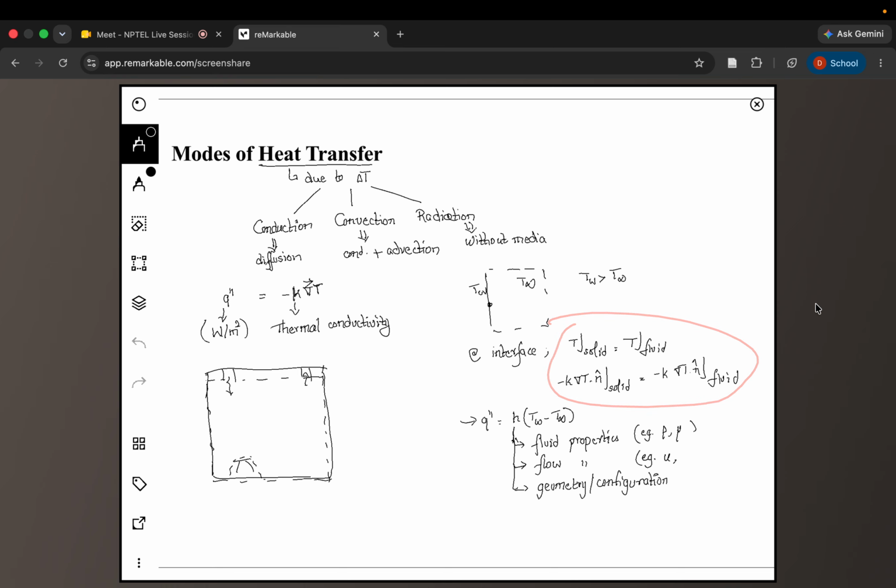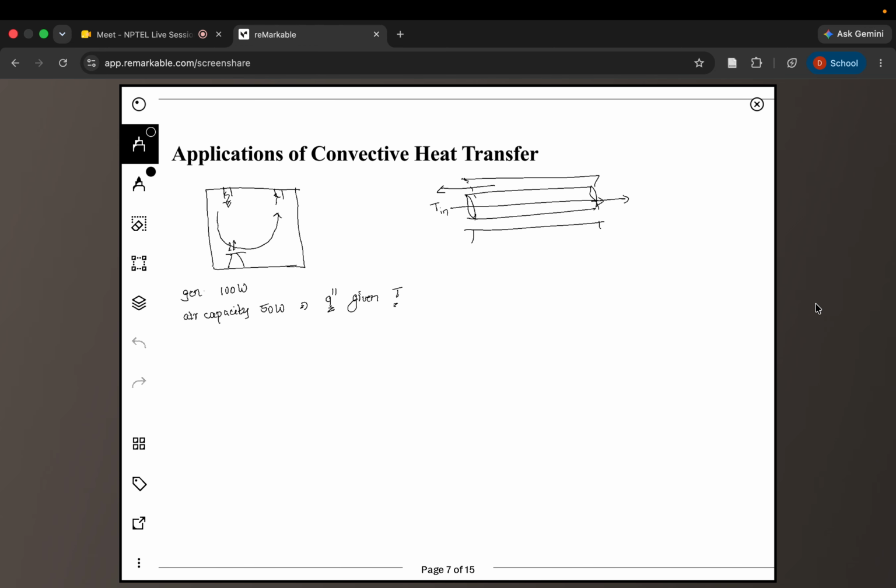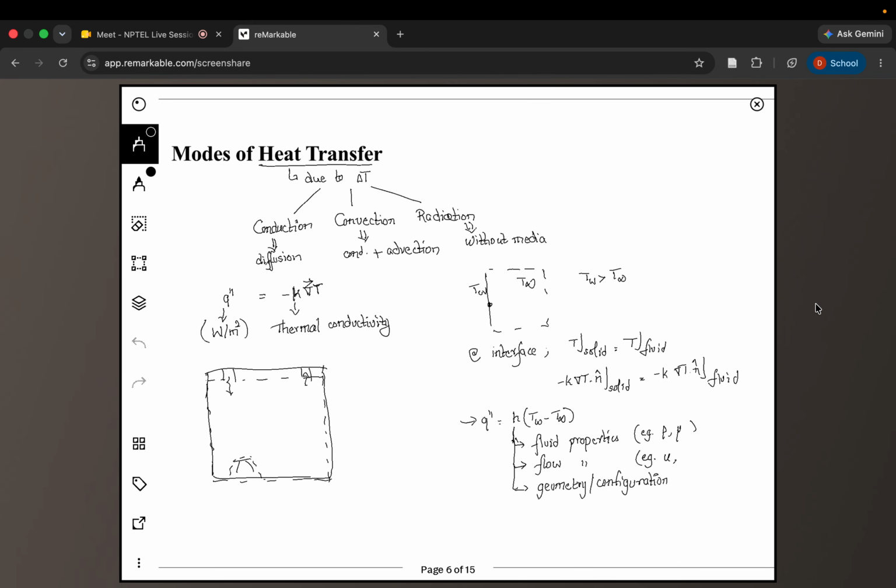Apart from this, there are a couple of other things. I should also discuss one more concept that is covered in the assignment problems, the concept of the Nusselt number.